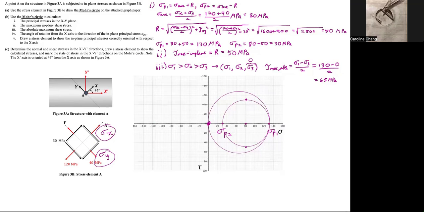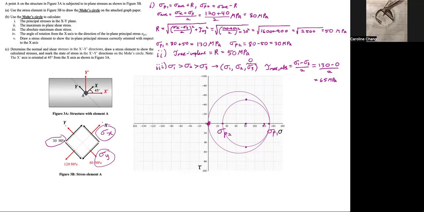Basically sigma x will be at 120, so 120 is over here. And then we have a shear stress of 30 megapascals, which on our Mohr circle diagram, the positive 30 megapascals is going downwards by convention.